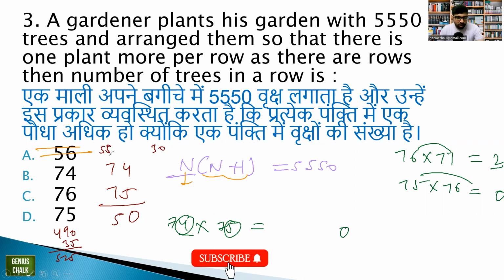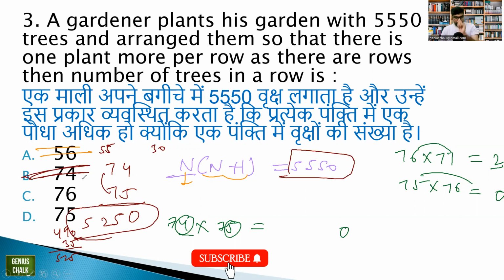So 55 is there, 49 is there already. 75 fours are 300, 75 sevens are 525. So you can see that it is not equal to 5550, so this option is also cancelled. 76 is already cancelled, so the right answer must be the only option left, and that is 75.